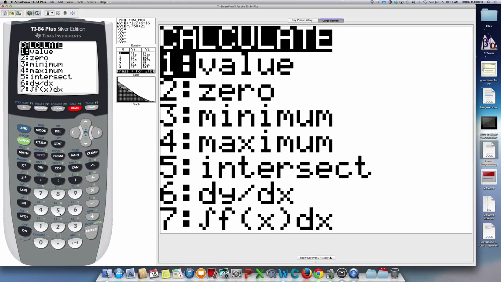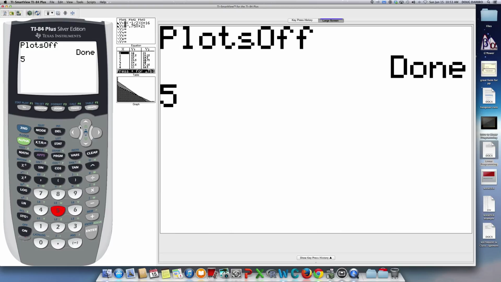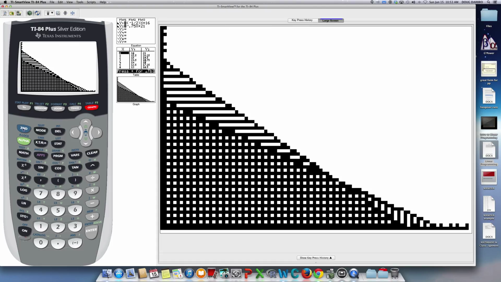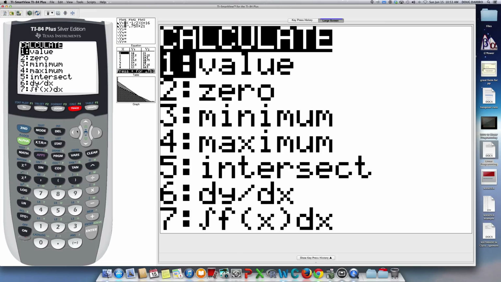So I'm going to choose 5. This computer's running so slow it's annoying. So let's go second, calc, hit number 5, and it should take us to our graph.